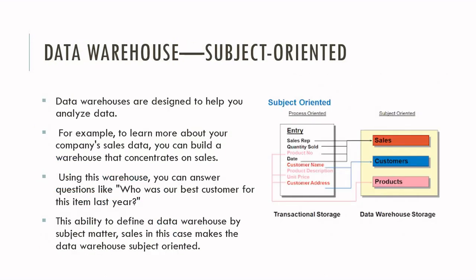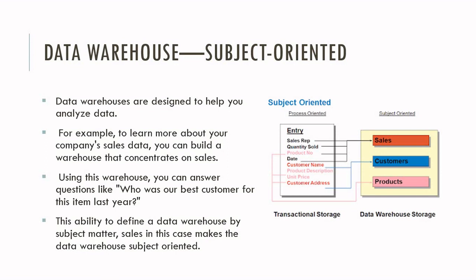Data warehouses are designed to help analyze data. Let's take one example. Suppose a customer does one transaction. That one transaction contains multiple records such as a sales receipt, quantity sold, product number, date, customer name, etc. In the transactional database, all this data is stored in one row, while in a data warehouse it is stored based on the subject.